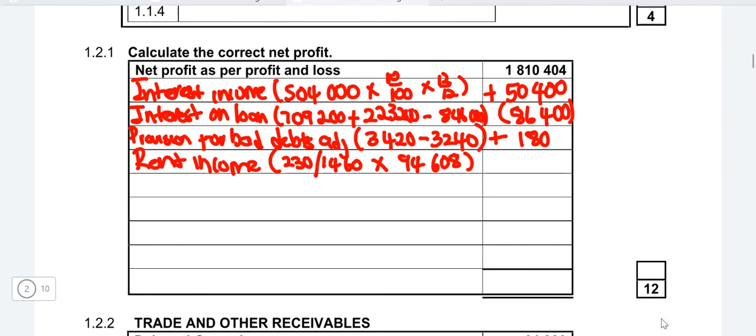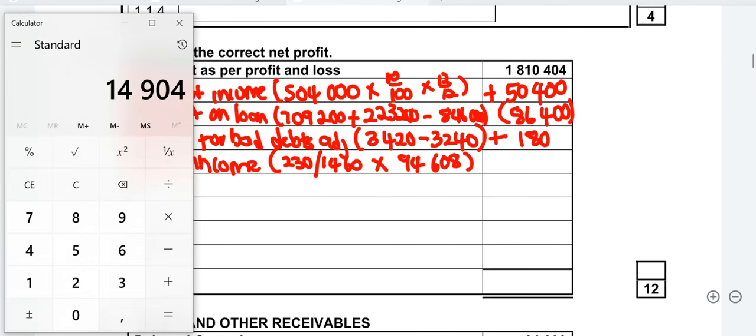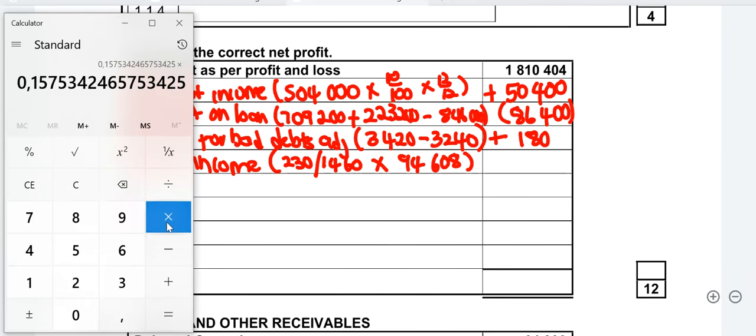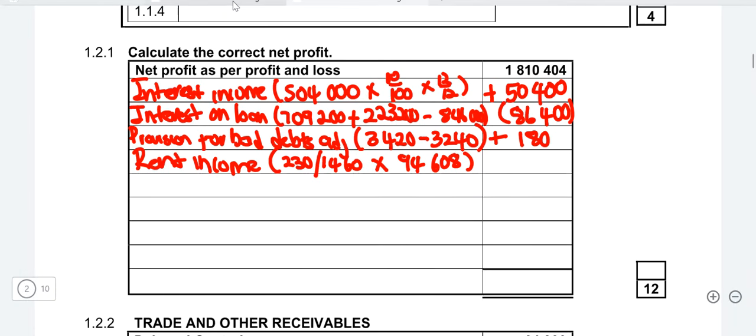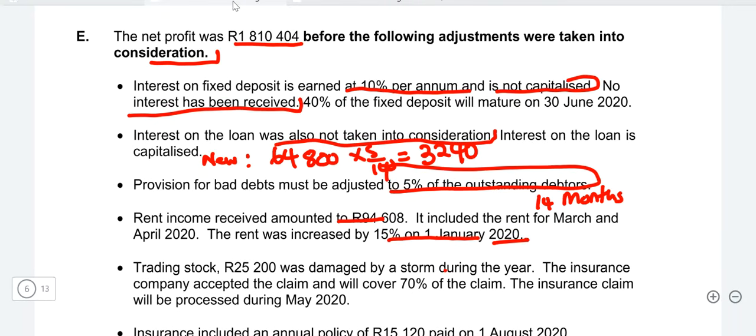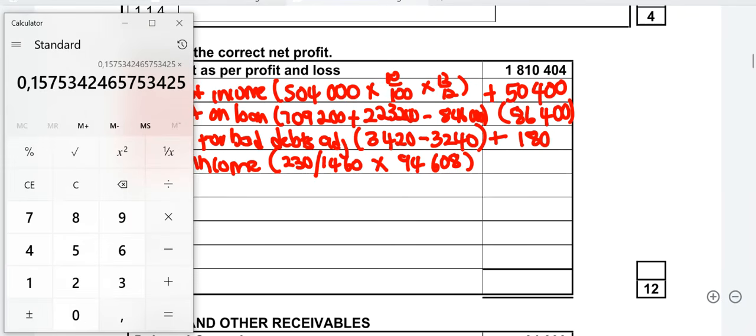So let's just confirm: 230 divide by 1,460, it is giving us this amount, and then we multiply by 94,608, so which means it's the correct figure.